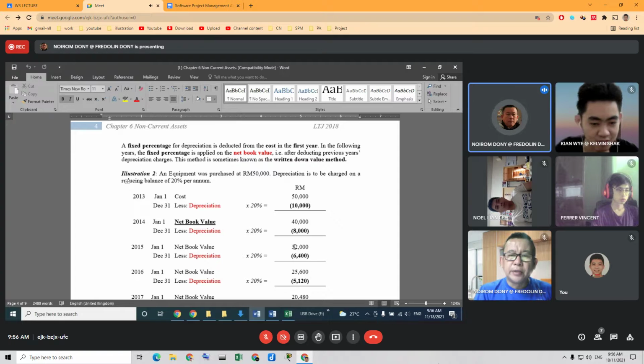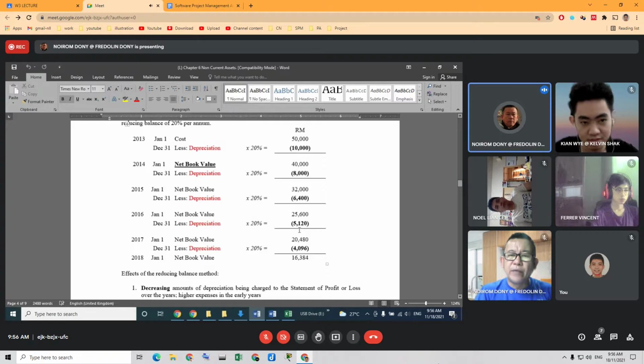The same thing at December 31st, we provide depreciation again. Net book value 32,000 times 20%, 6,400. Put minus, don't forget. 32,000 minus 6,400, net book value now is 25,600.